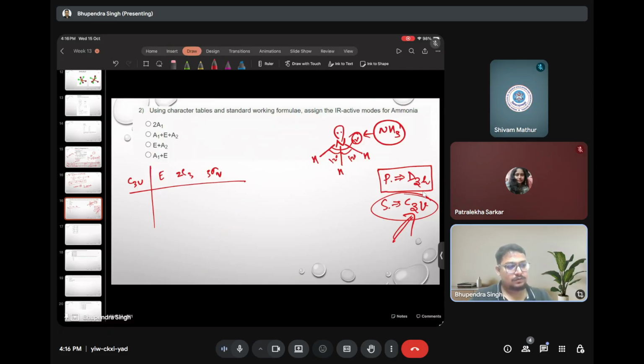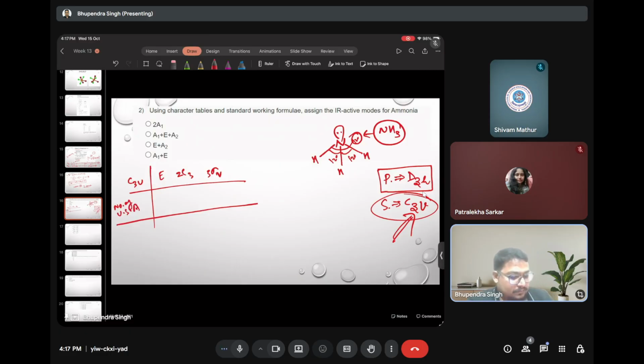Now how to solve it? This type of question we have done in previous assignments and previous classes. So first we have to find the reducible representation. So the number of unshifted atoms.